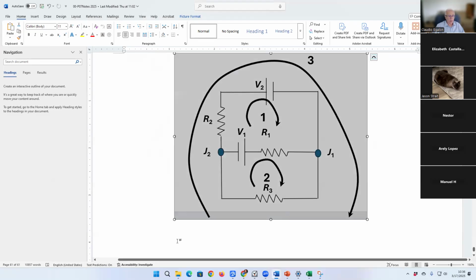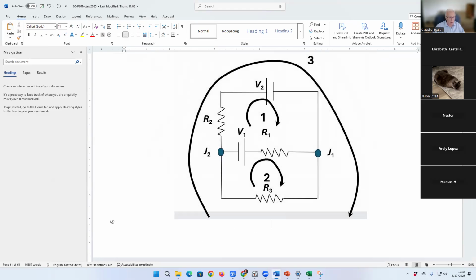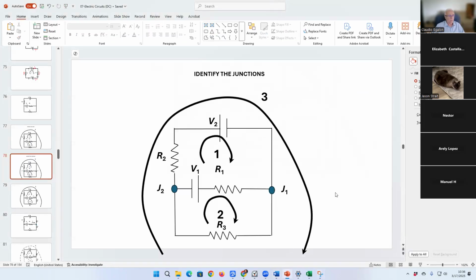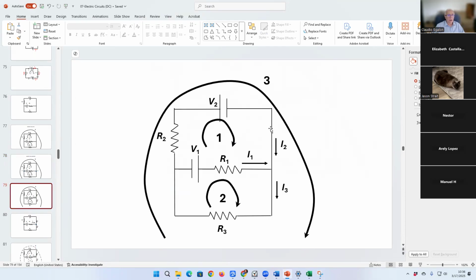Next, now we're going to label the currents in the circuit. Okay, so here you go. I'm calling this one I1 because it goes through the resistor R1. And we have power supply V1 too. I'm calling this one I2 because it's coming from the battery V2 and the resistor R2.